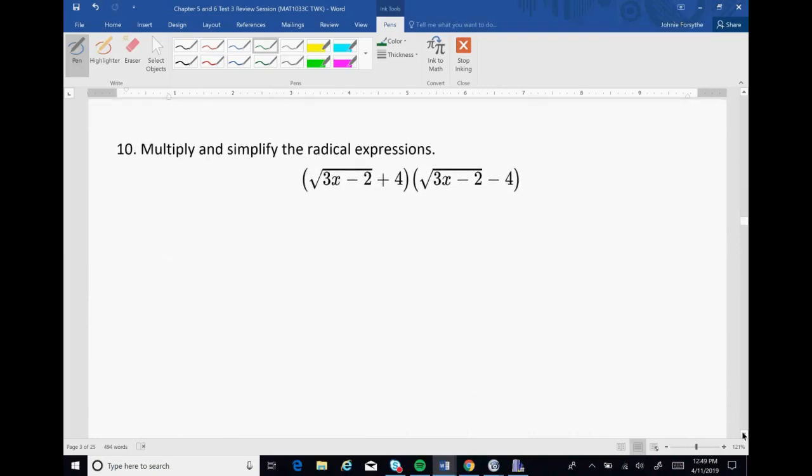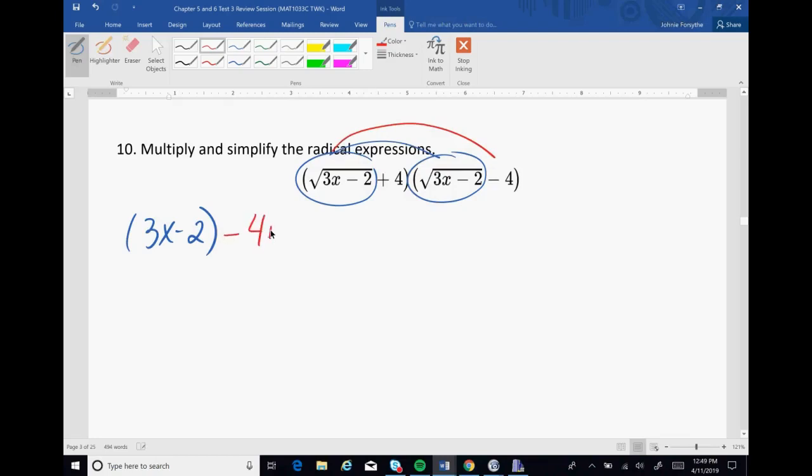Okay, so when we distribute here, let's see what happens. The square root of 3x minus 2 times the square root of 3x minus 2. Instead of writing that all out, you're just left with 3x minus 2. Then we have the square root of 3x minus 2 times negative 4, which is negative 4 times the square root of 3x minus 2.